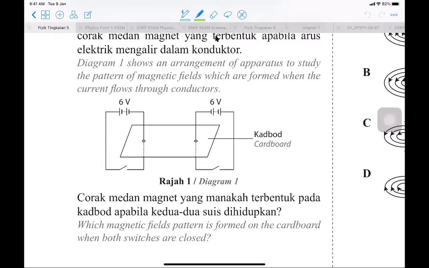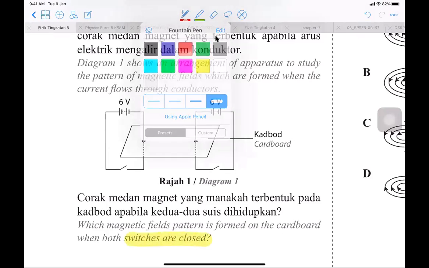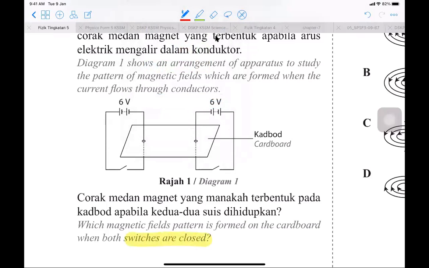When both switches are closed, it means that the switch is on. So you have to determine which magnetic field pattern is formed on the cardboard.